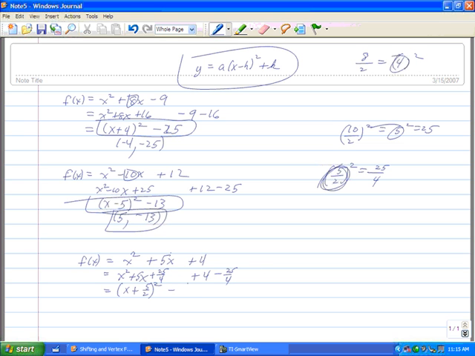We go back and we say -9/4. Now we are in the correct form for the vertex. The +5/2 means left, so it's a -5/2. The -9/4 means down, so it is a vertex of (-5/2, -9/4).